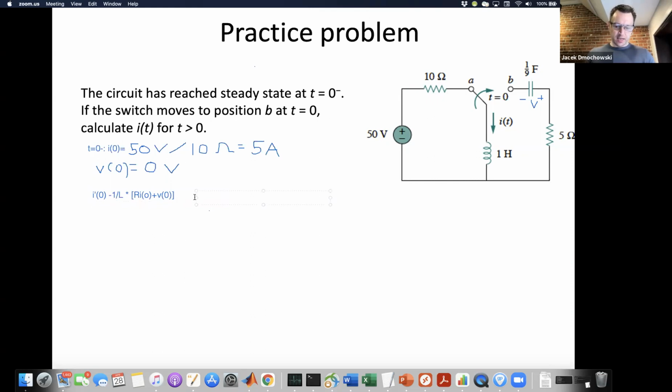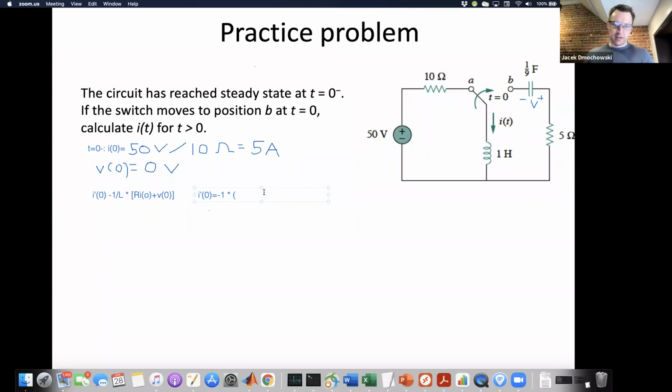And so in this case, I prime of 0 ends up being negative 1 over L, which is just 1, times R in this circuit. Keep in mind that the RLC circuit is over here, not over here, and so the R that we're working with is 5.